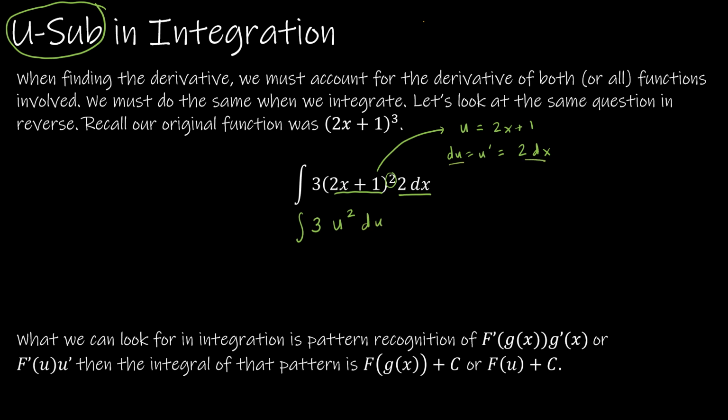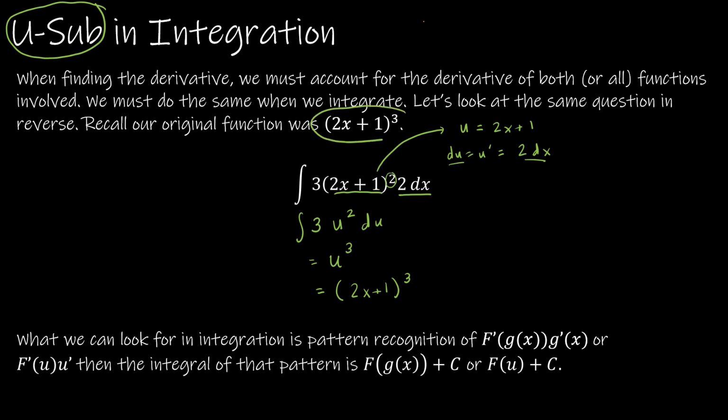So I'm integrating 3u squared du, so integrating with respect to u. Well, that's going to give me 3 times u cubed over 3, which really just gives me u cubed, with respect to u. So my answer is just u cubed, and now I'm going to sub the u back in. So u was 2x plus 1, cubed.